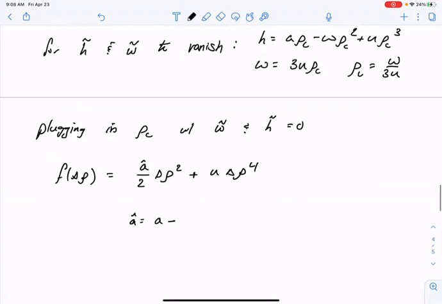So this will result in just W squared over 3U. There we go. Just like our phi-4 field theory.